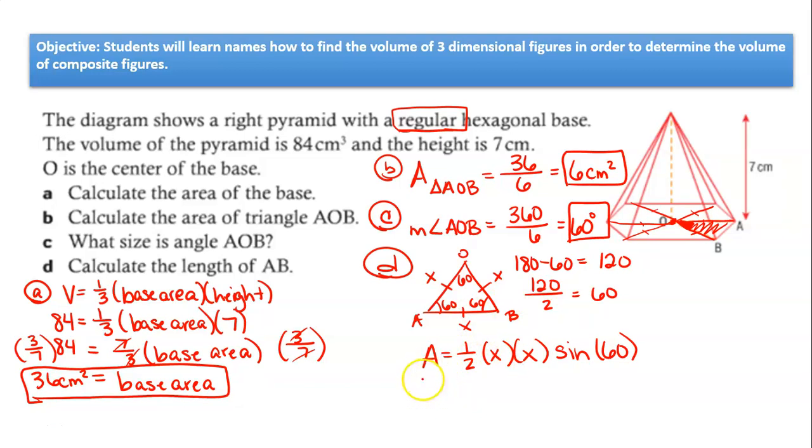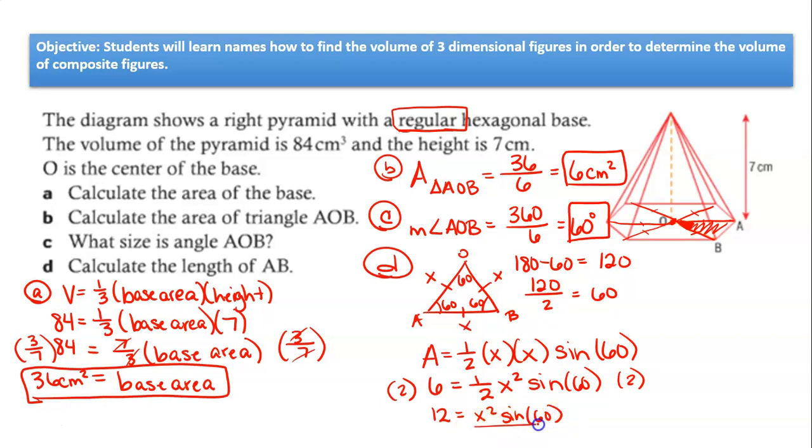So area, we figured out for triangle AOB, was 6. So that's 1/2 times X gives me X squared times sine of 60. We're working to get X squared by itself. To get rid of the 1/2, I multiply both sides by 2. We get 12 is equal to X squared sine of 60.